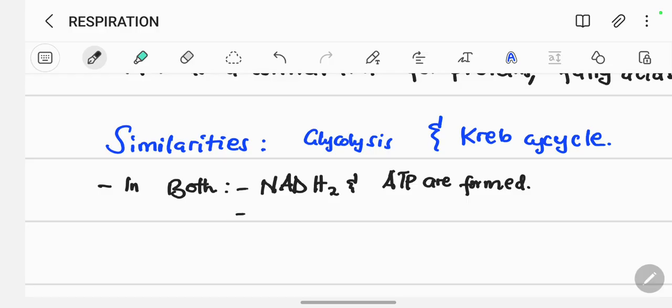Then the other observation is that both occur in living cells. So you can find out more similarities.